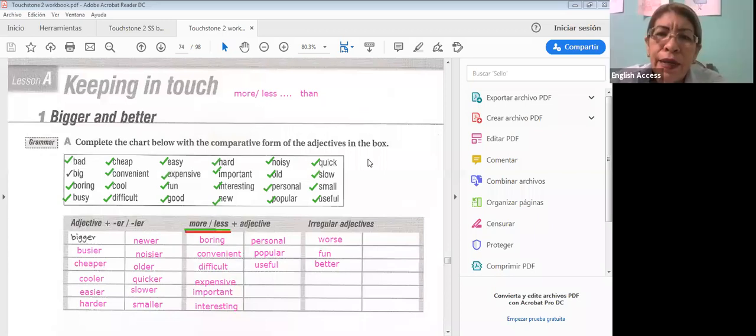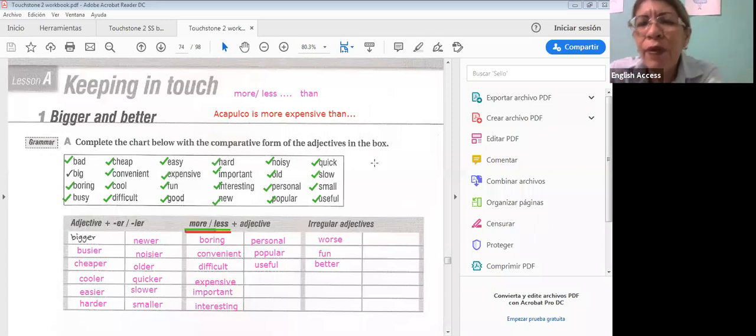It's just like that. Acapulco is more expensive than, etc. Remember, again, when you are going to compare something, you have to use the comparative adjective. In this case, it's more expensive. And we need to use the word than and the other thing that you're going to compare. Okay, another example like that?